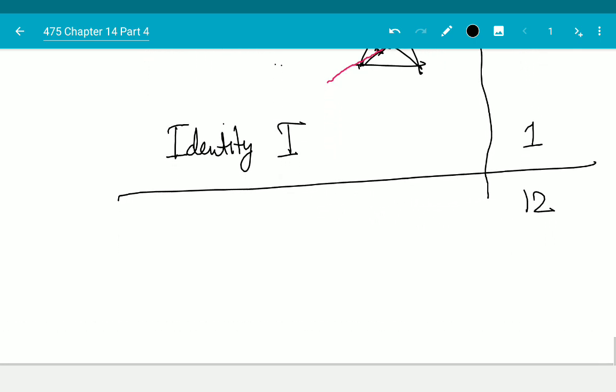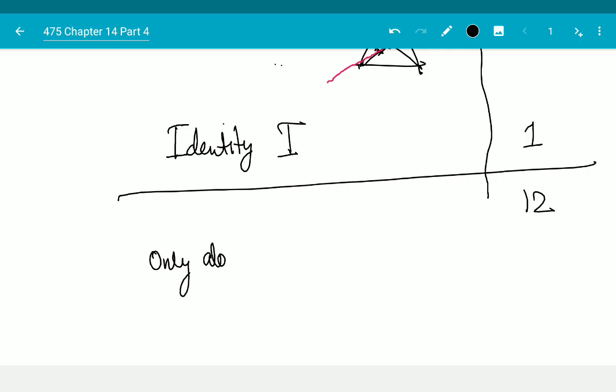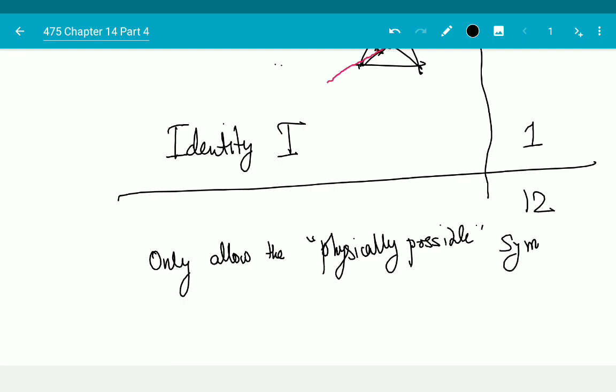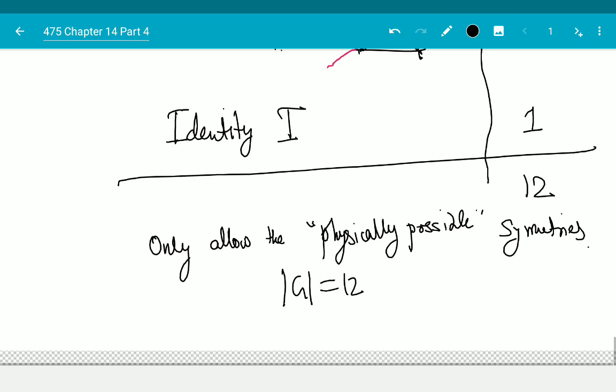Alternating group of order 4 for a tetrahedron will only allow the physically possible symmetries, and that means order G is equal to 12.